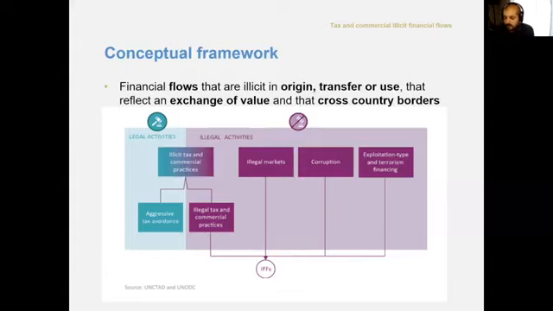Hiding or shifting profits, like through manipulation of transfer pricing, strategic location of debt or assets or intellectual property, and tax treaty shopping. So these are all examples of aggressive tax avoidance. What is important here is that these can be part of legal business transactions.